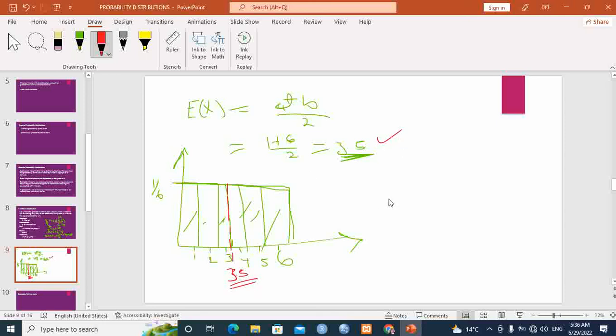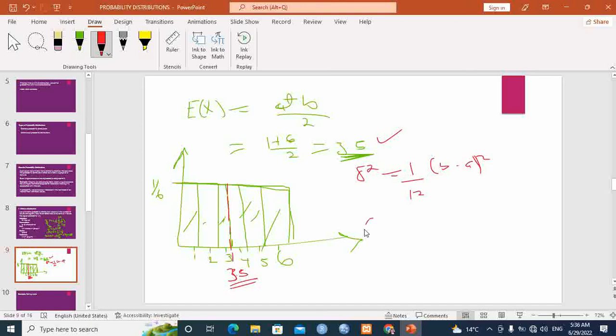And it is also the same with the variance. The variance of our uniform distribution is 1/12 times b minus a squared. You can look at this and get the values.